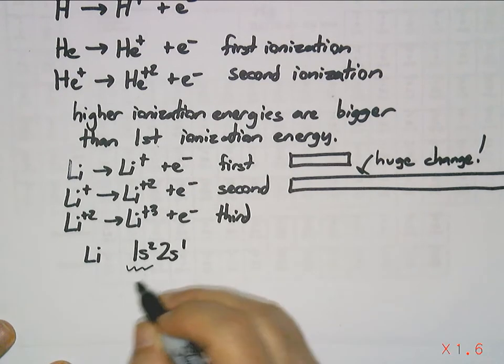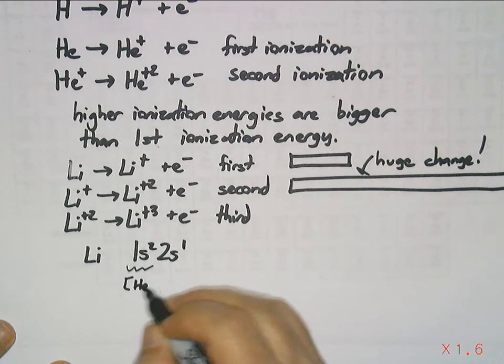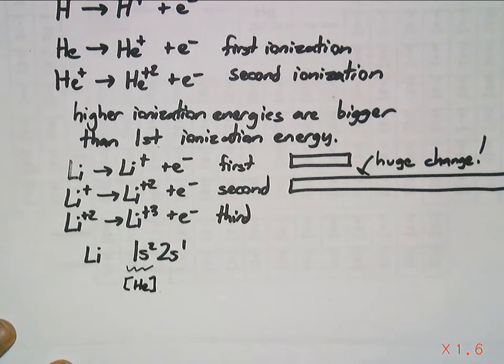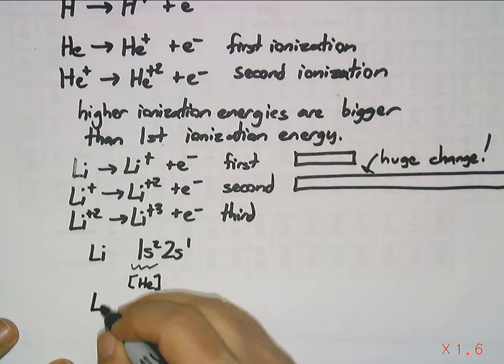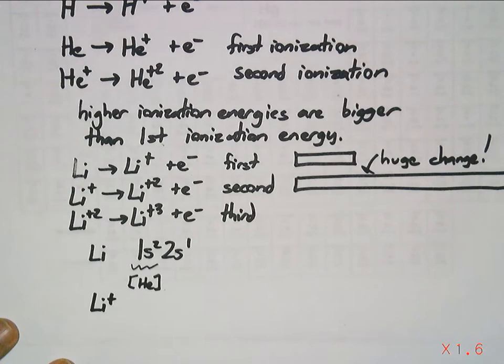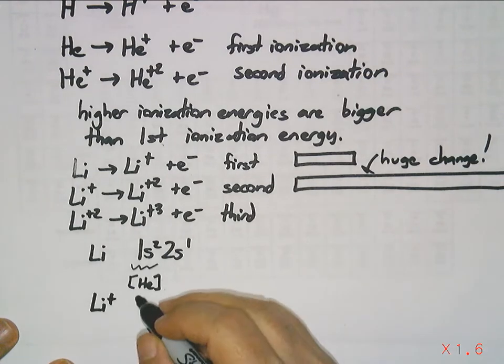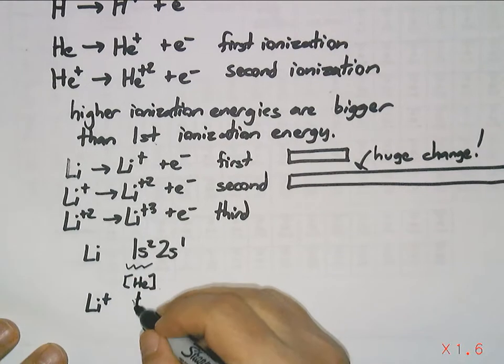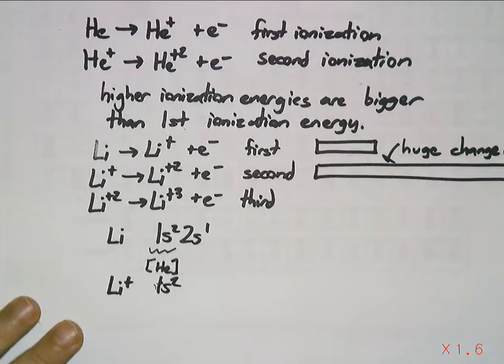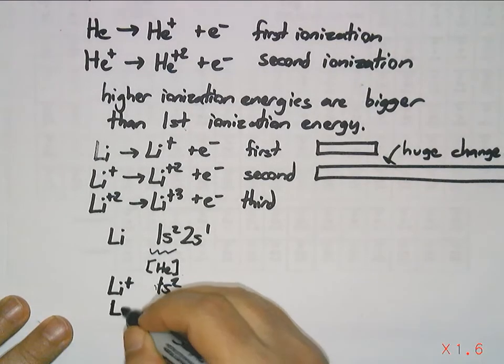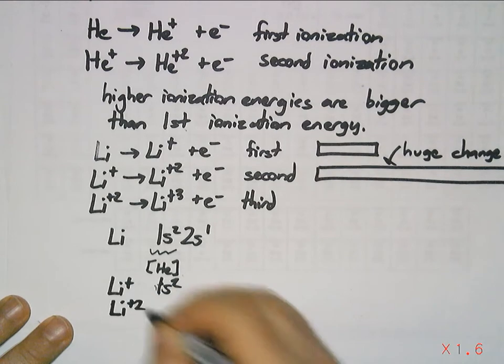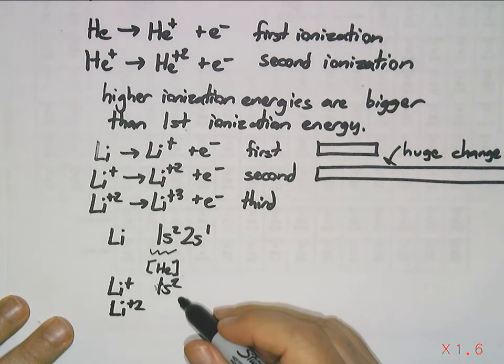This is the helium core here, so you could write that as a helium core. Now when you form an Li+, you're taking off the valence electron. So now you're down to just a helium core. And when you form Li 2+, you're taking away a core electron.